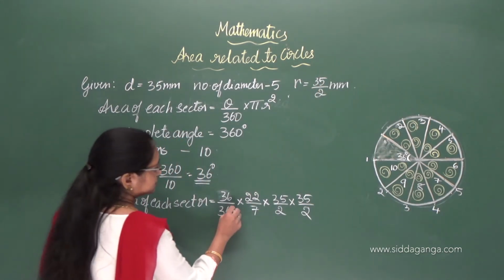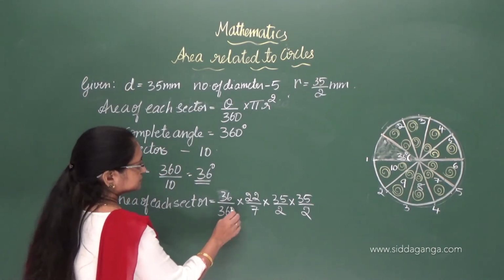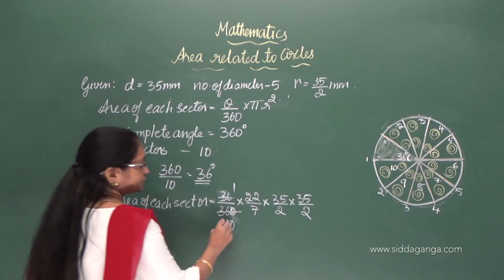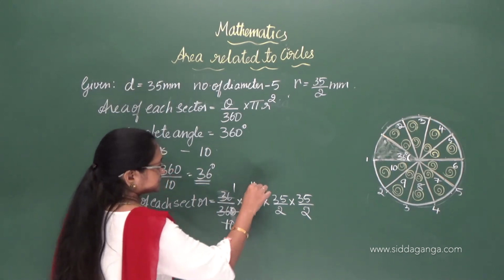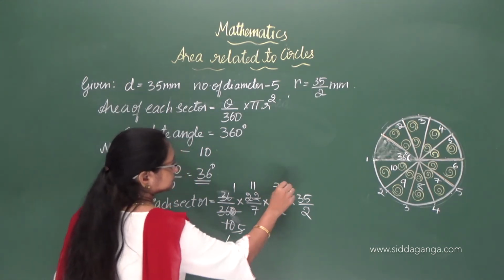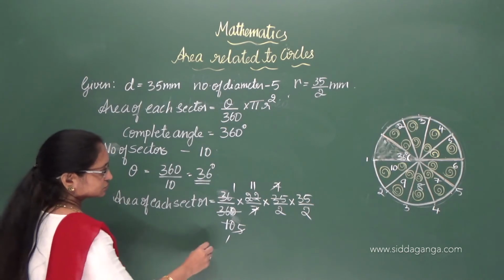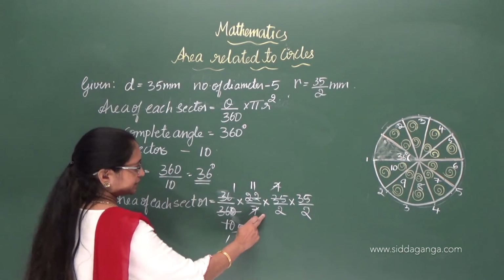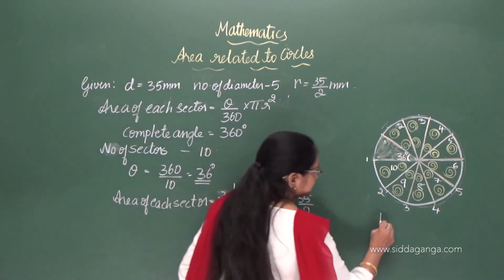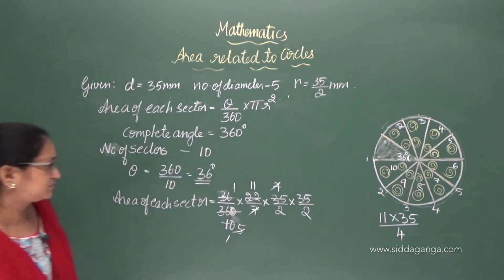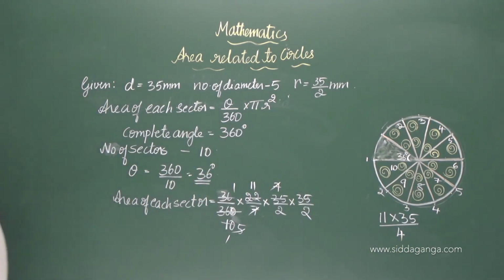Now, 36 ones are 36, 10s are 360. Then 2 5s are 10, 2 11s are 22. 5 ones are 5, 5 7s are 35. 7 and 7 get cancelled. So finally we will get 11 into 35 divided by 4. Correct? Please check once again. 11 into 35 divided by 4.